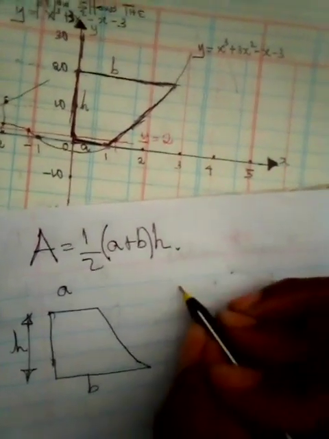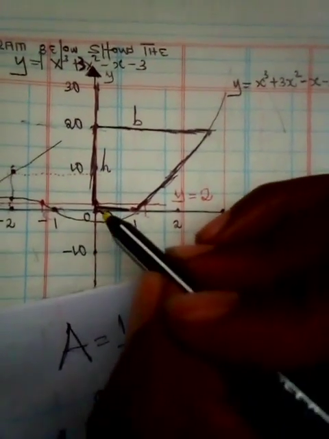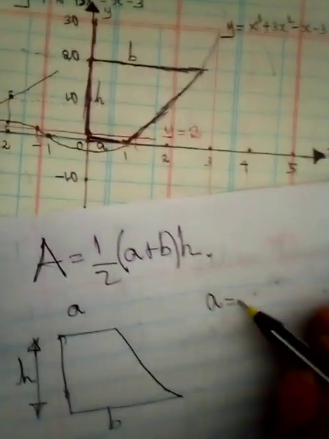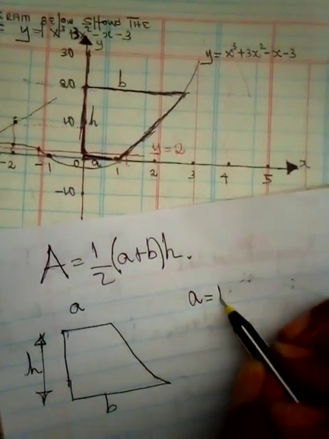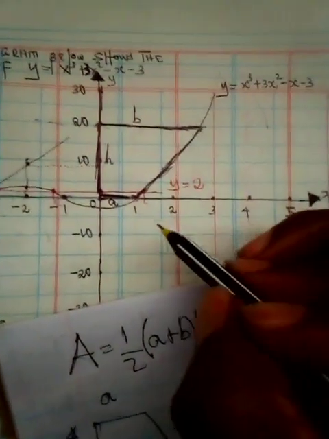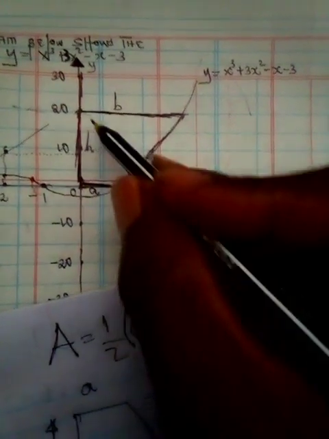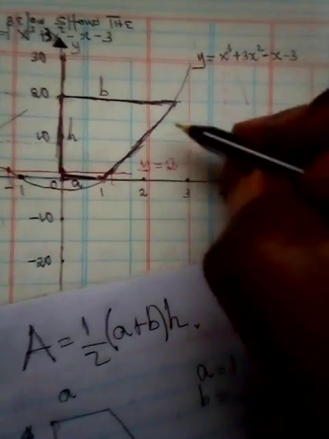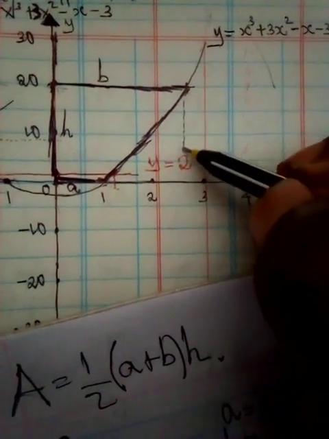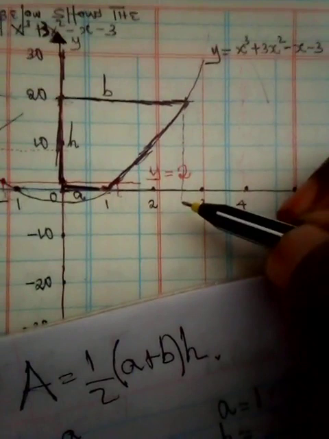This one's going to be very easy, I think. So let us see how we are going to determine our A. Our A is starting from 0 to 1, so it's just 1 minus 0, or just 1. Your B is starting from 0 and going all the way to close to maybe 2.6.